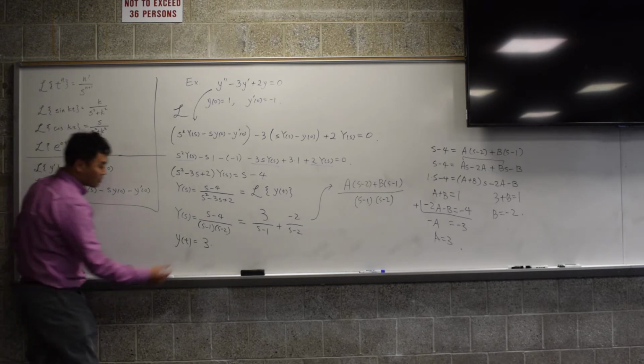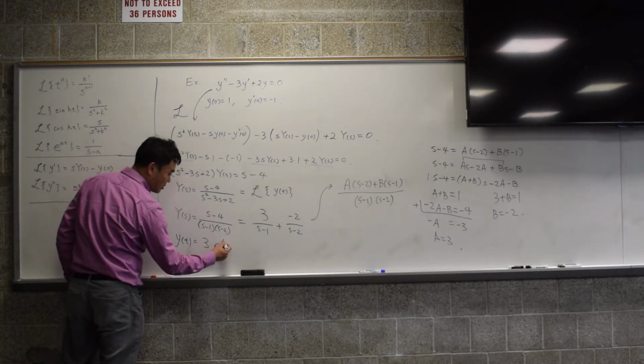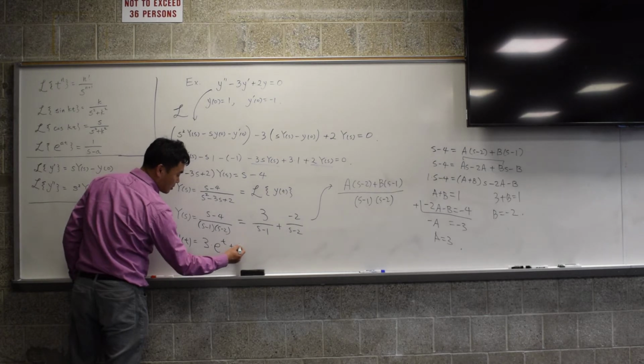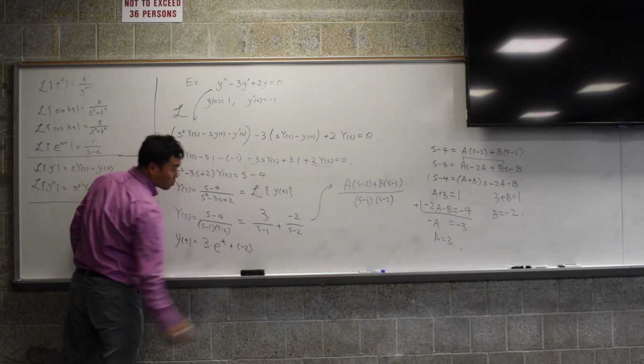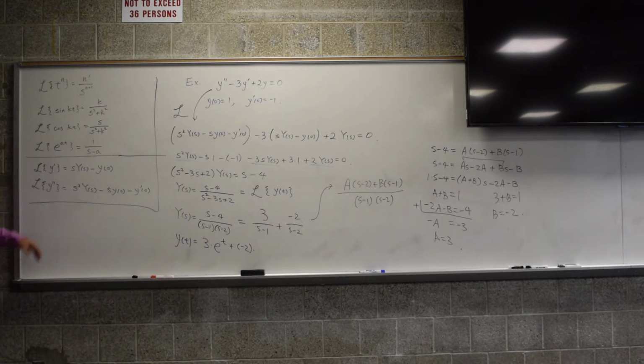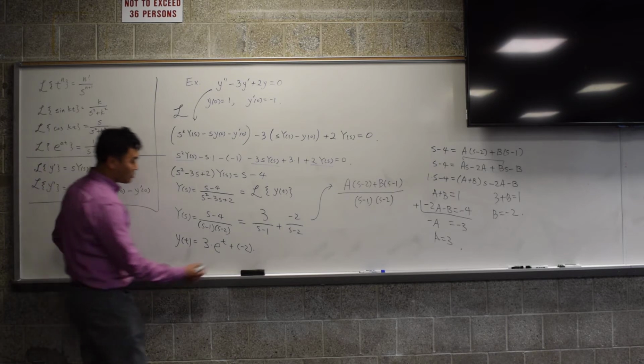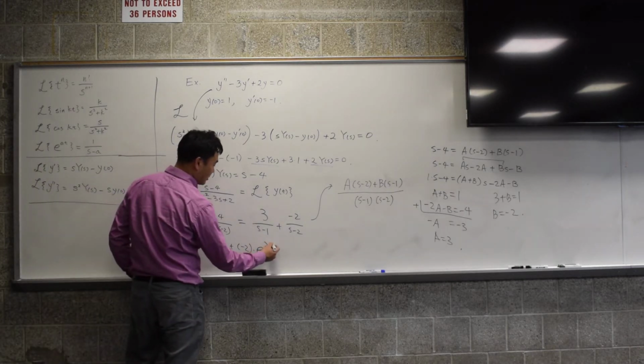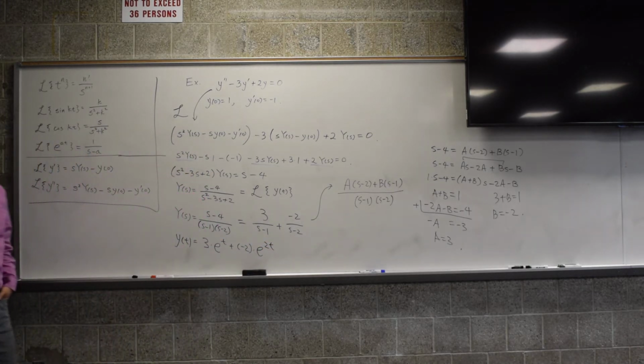Either 1t. So it must be e to the t plus negative 2 times... Which one gives you 1 over s minus 2? What? e to the what? e to the 2t. That's it. That's how you solve it. Right. Okay?